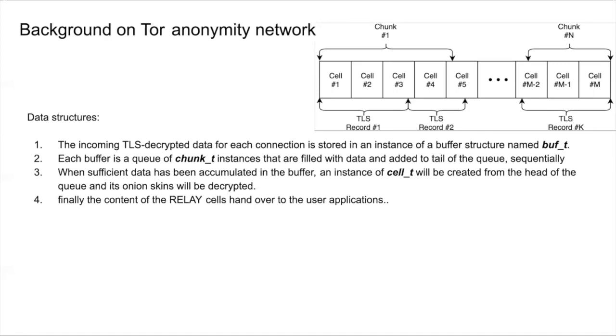When sufficient data has been accumulated in the buffer, an instance of a cell will be created from the head of the queue, and its onion skins will be decrypted one by one after filling the cell. And finally, the relay cell's content will be handed over to the user application.